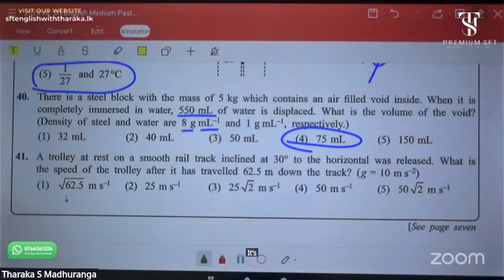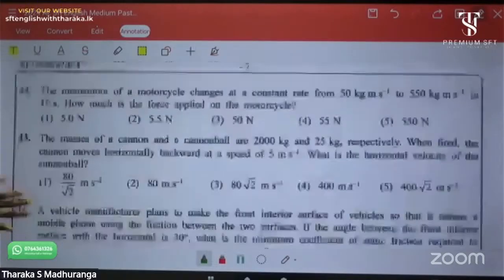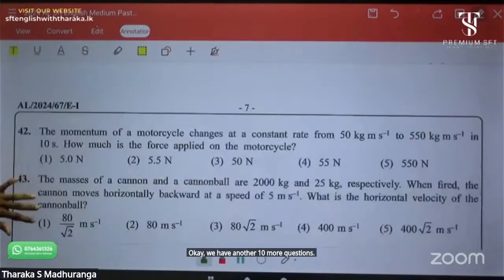A trolley at rest on a smooth rail track inclined at 30 degrees to the horizontal was released. Okay, we have another 10 more questions.